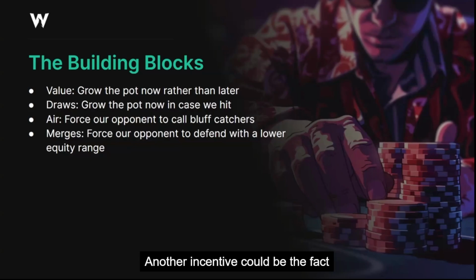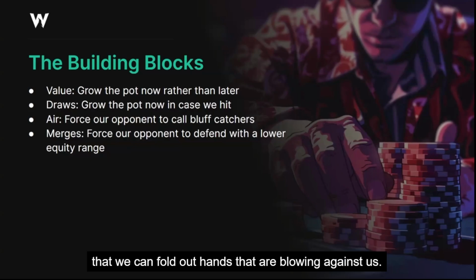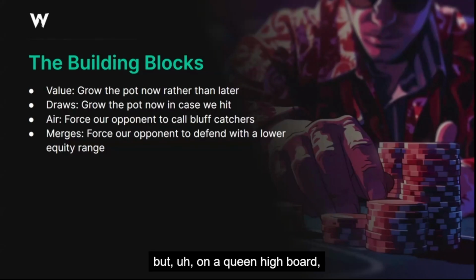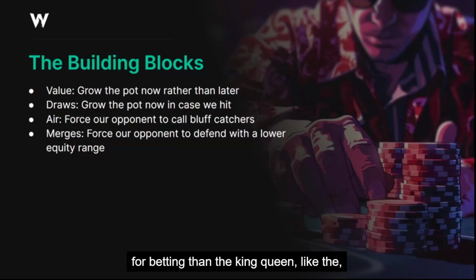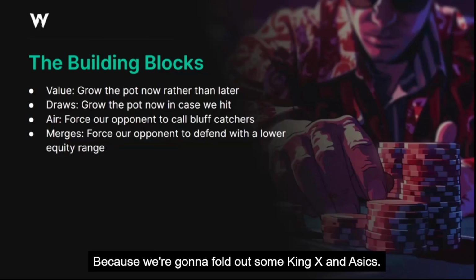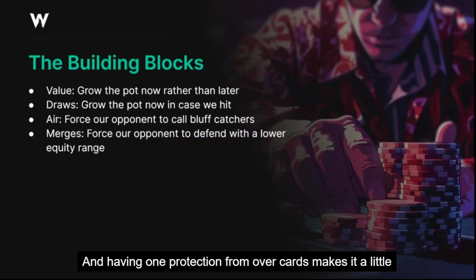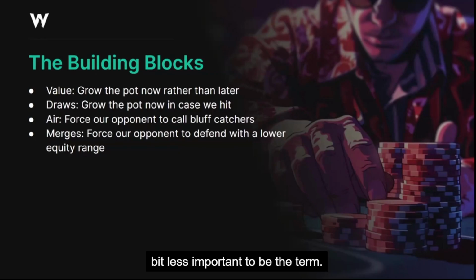Another incentive could be the fact that we can fold out hands that are drawing against us. If you have a top pair, we'll see an example later, but on a queen high board, the queen jack hand has a little bit higher of an incentive for betting than the king queen, like the top pair with the king. Because we're going to fold out some king x and ace x, and having protection from overcards makes it a little bit less important to bet the turn.